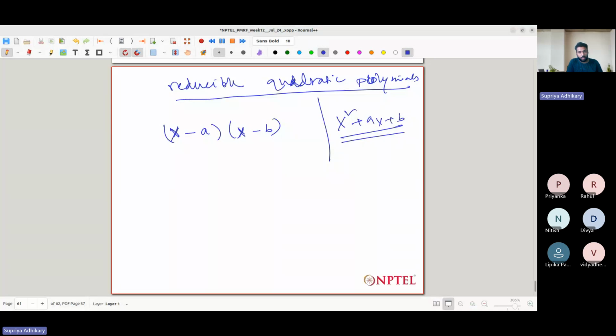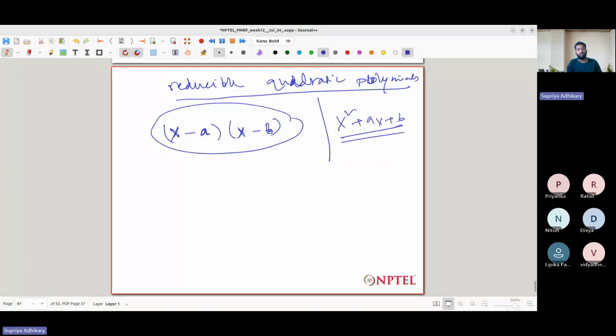Okay. So now we just have to choose this a and b, but we also have to remember that the multiplication of x minus a and x minus b is exactly equal to this. So how many ways can we write these factors?